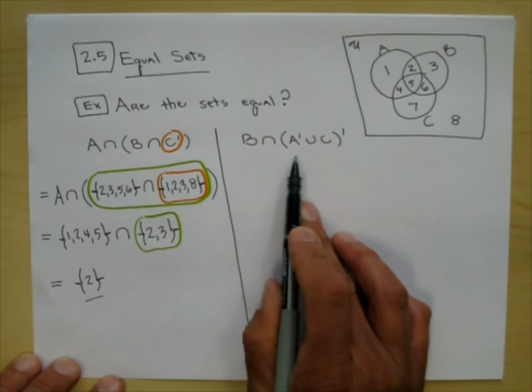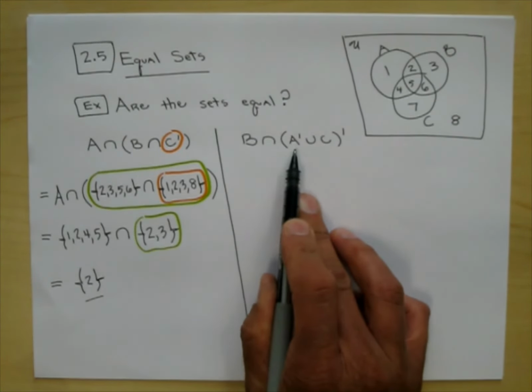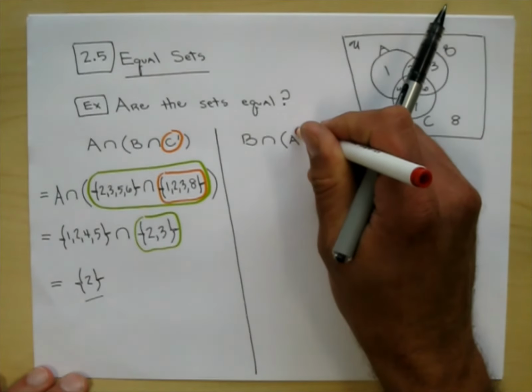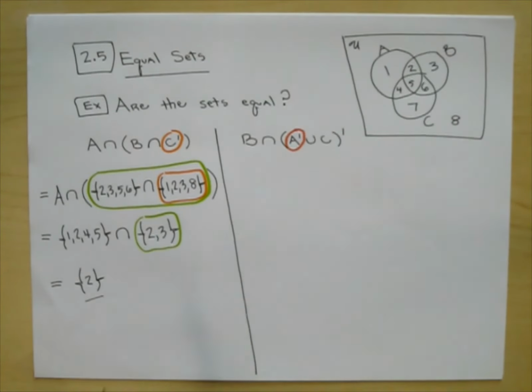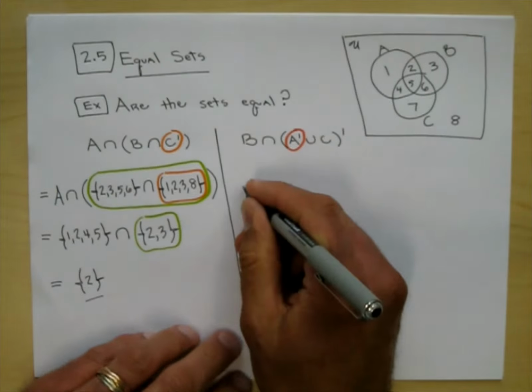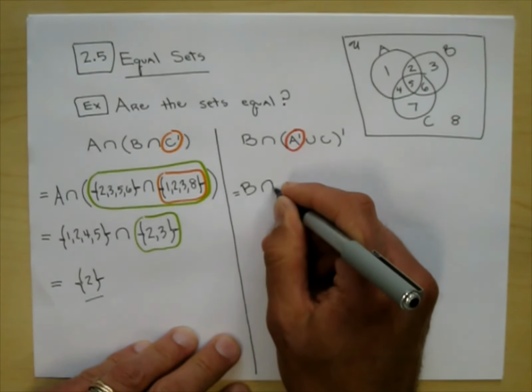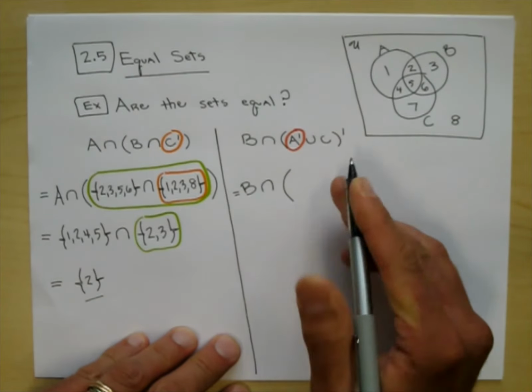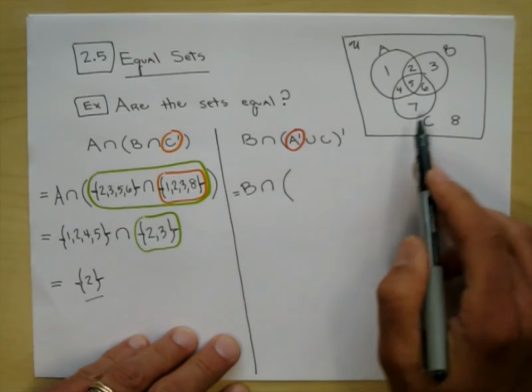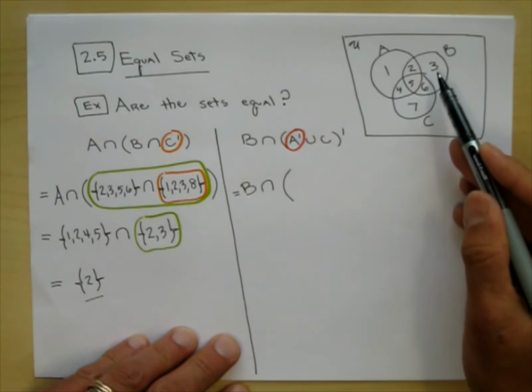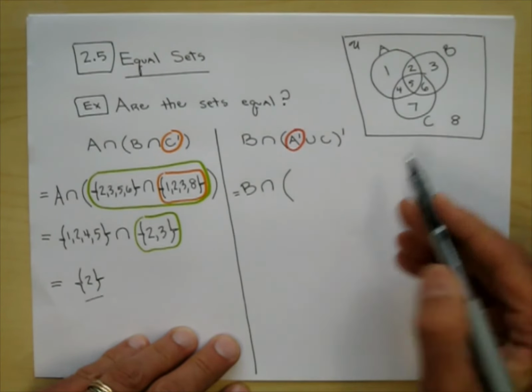The first thing I'm going to have to do here is A complement, because it's inside the parentheses. So I'm going to say B, I'll write that out later, intersect, A complement. So what is not in A? 3, 6, 7, 8.